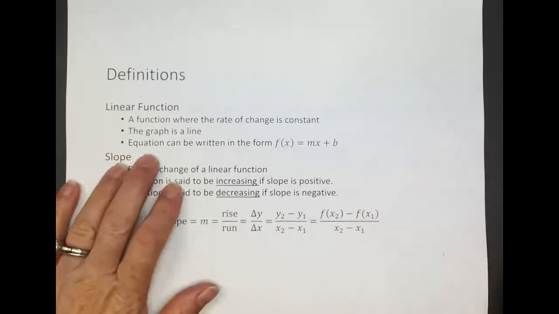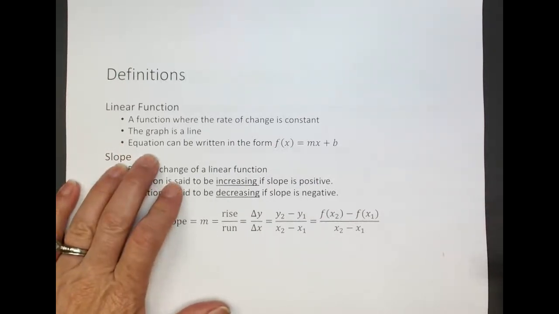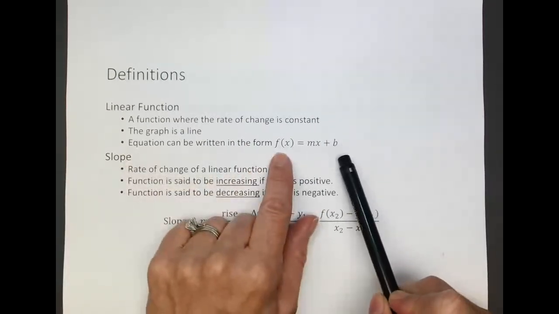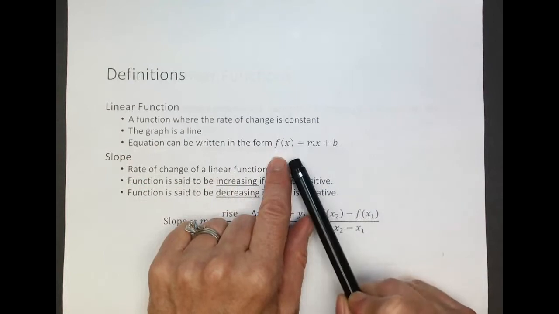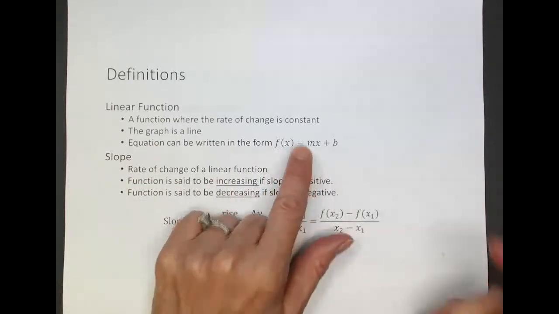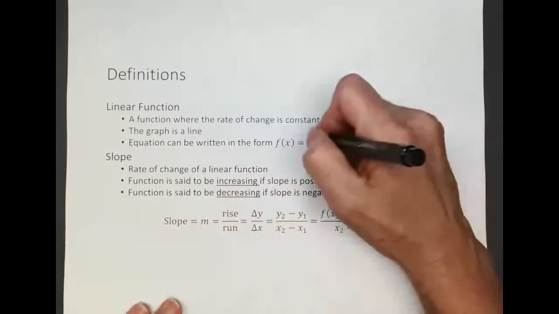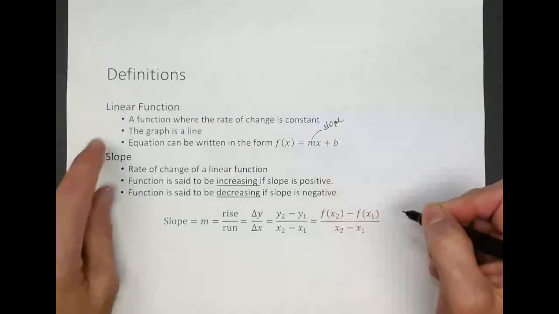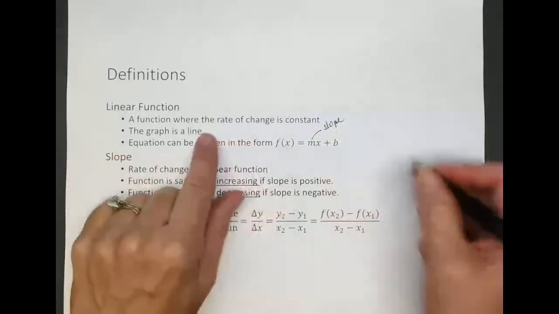The most common form for the function form of a linear equation is f of x equals mx plus b, where m is the slope of that linear function, or the rate of change.